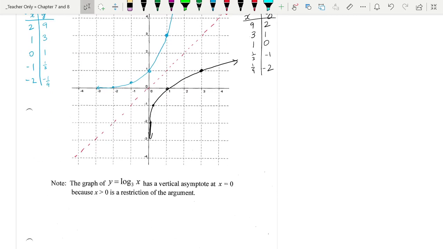Vertical asymptote, so yeah, that's right here. The y-axis is an asymptote for the log graph, the same way the x-axis was an asymptote for the exponential graph. Okay, cool. Next.